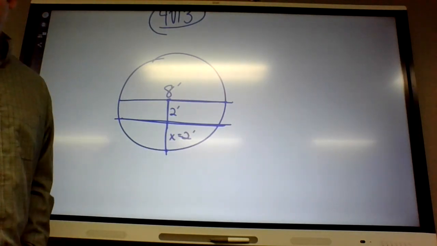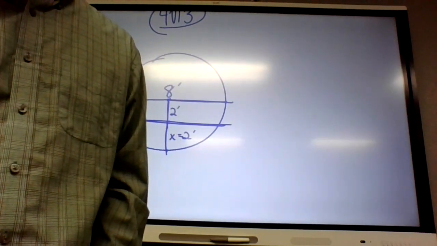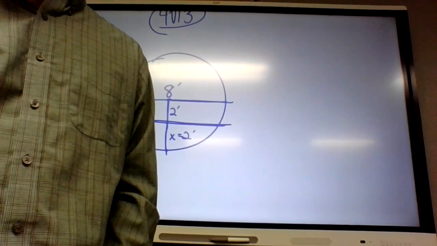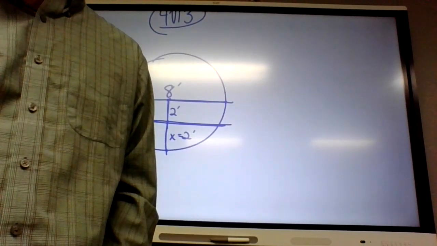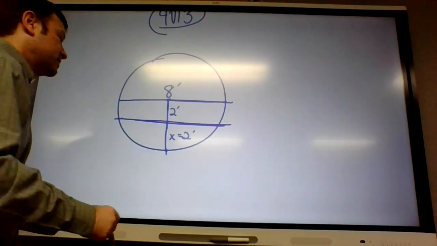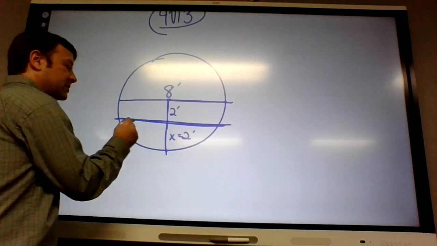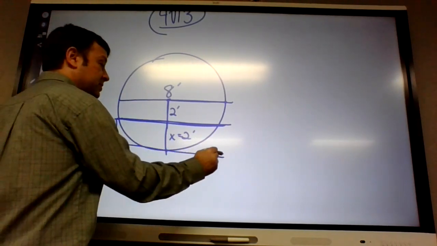Is that the only question? Oh no, there's another one. How deep below the ground and how long would the trench need to be? Okay. So the trench is like from here to here, basically. This would be the trench.